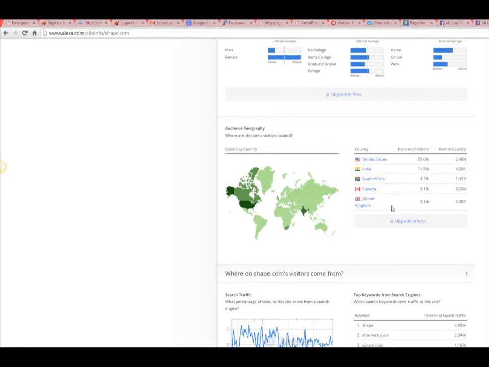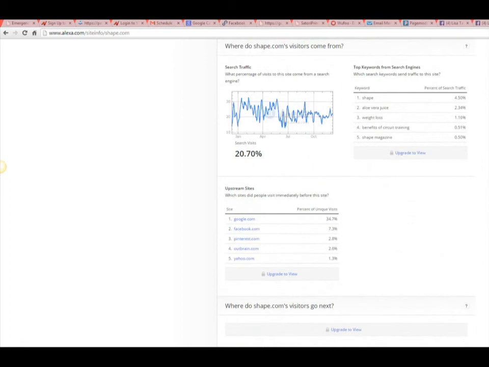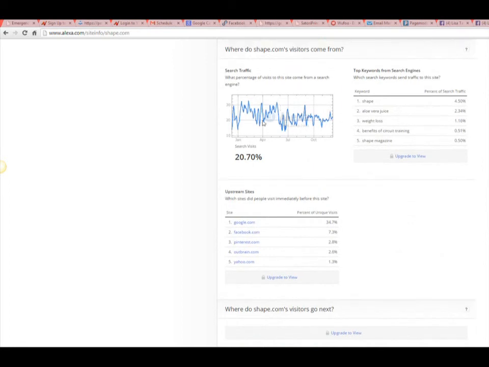So they're not as engaged or attuned to health as someone in the United States or India would be, if that makes any sense. And again, you can see what the traffic is like on that site.